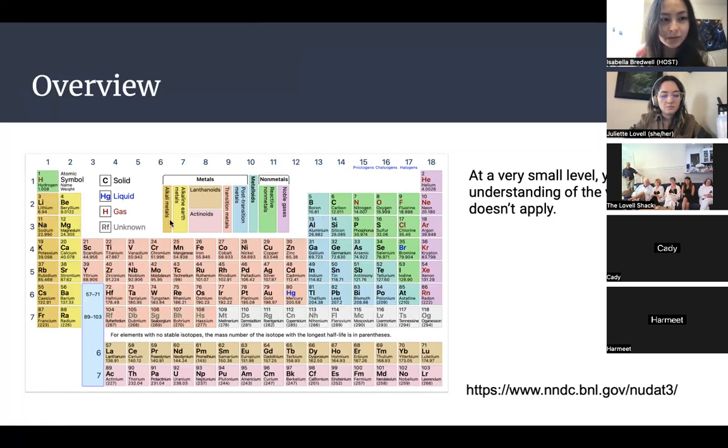When you look up each nucleus, it'll tell you the half-life, which is how long it takes before half of the element disappears. They all have different properties, which are based on the number of nucleons they have, essentially. So that's just a small intro to it.